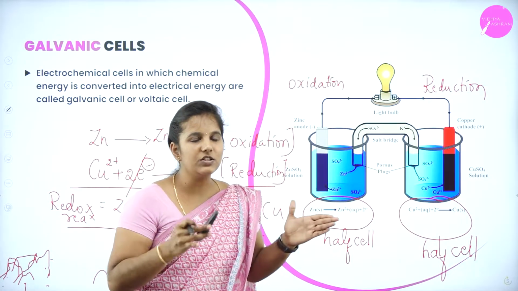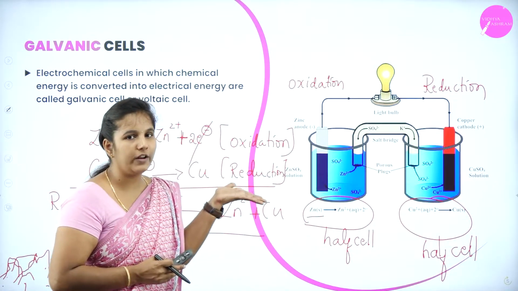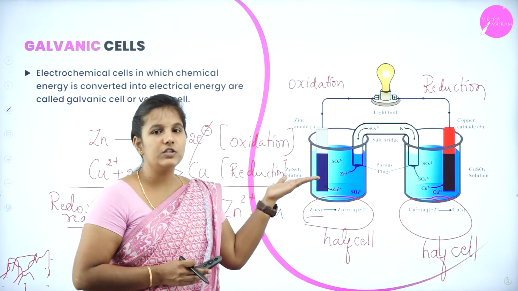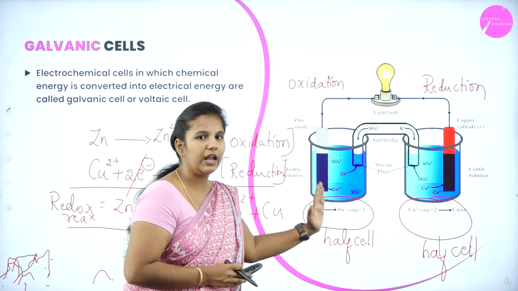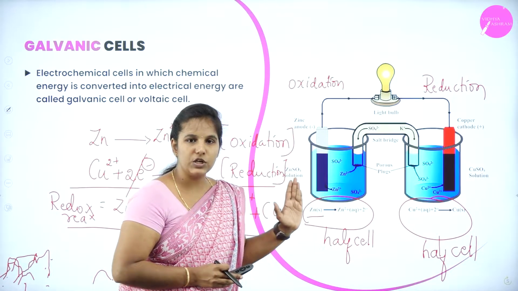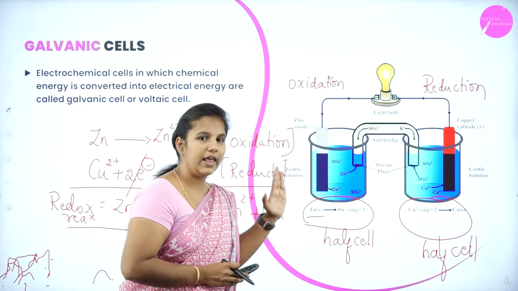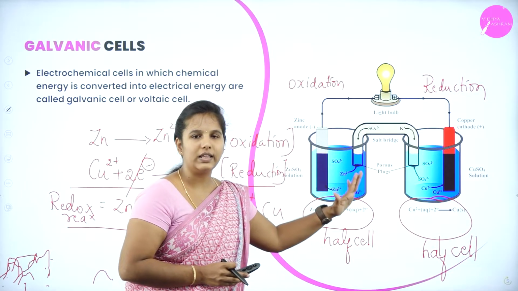So the free energy change of the spontaneous redox reaction involves the transfer of electrons from anode to cathode.